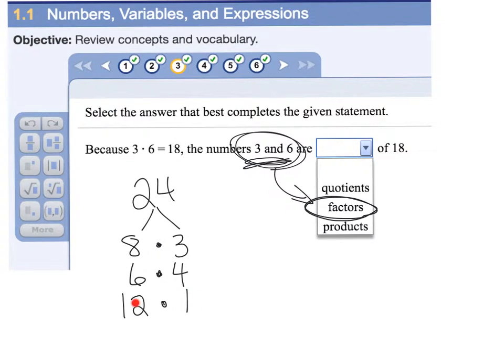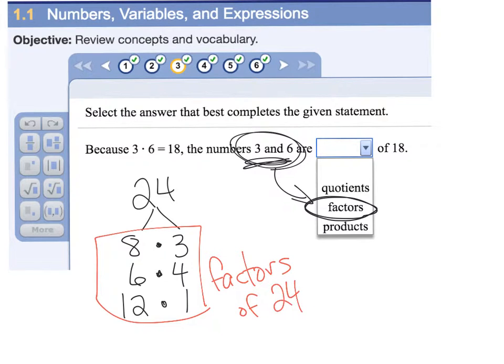All of these numbers, because they can be multiplied together to equal 24, are called factors of 24.